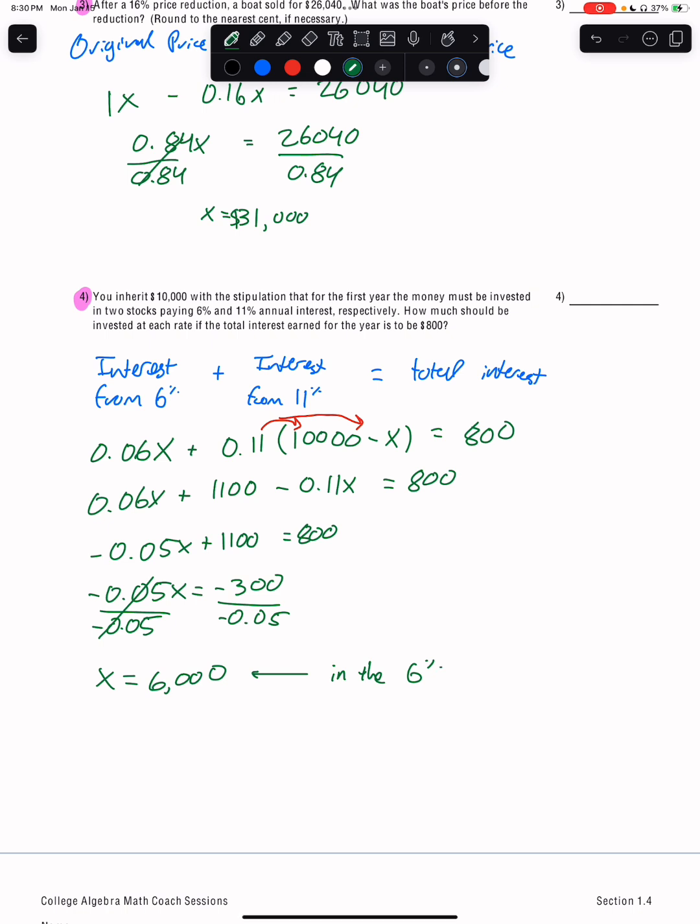And then to find out the 11% value, we got to subtract from the original inheritance up here. Sort of similar to this piece of the equation in here. So that gives us this 4,000 is what's in the 11%.